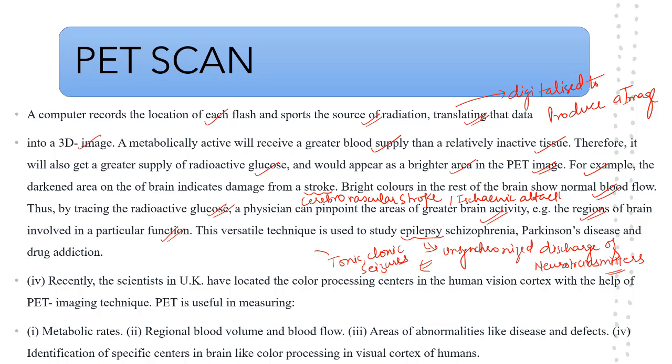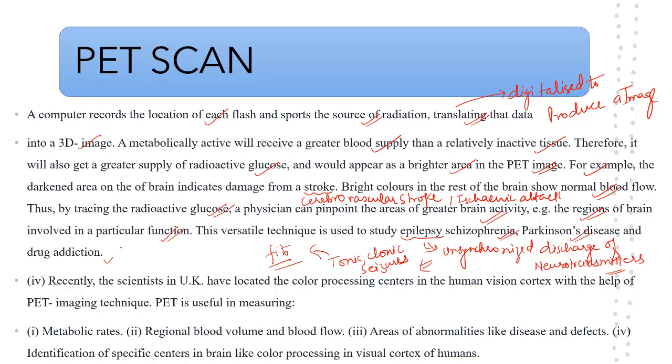In layman terminology, fits. So epilepsy, schizophrenia, Parkinson's disease are all neurological diseases, but also neurometabolic diseases. They involve not only abnormality of neurons, but also abnormality of neurotransmitters.